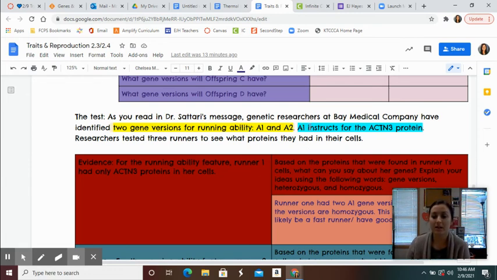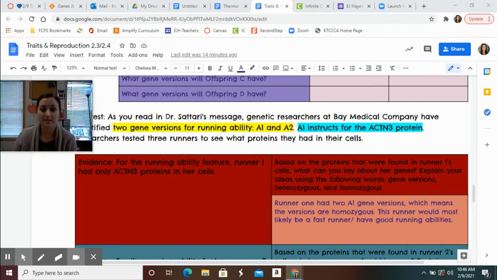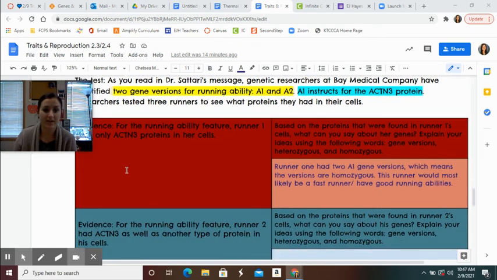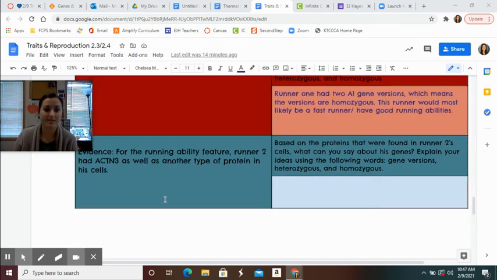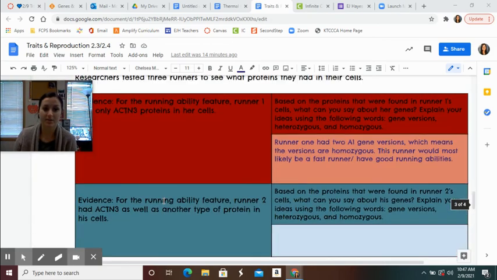But A1 is the one that instructs to create that ACTN3 protein. So that means that if it has two A1s, it's probably going to be someone who runs very well. So you're going to see down here there are three pieces of evidence. You're going to read those three pieces of evidence, and based on what you find in those three pieces of evidence, you're going to answer this question.